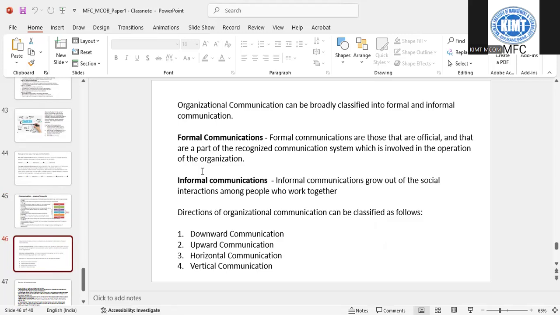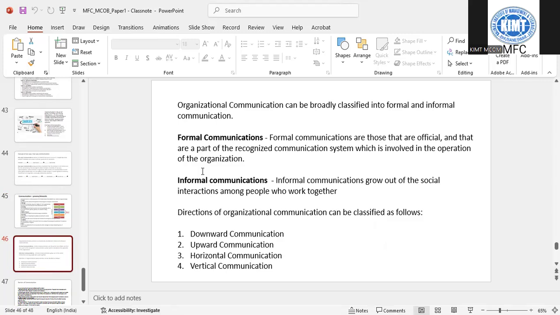That is informal communication. This is not related to your formal communication. So there are mostly two types of communication from the organization communication point of view, formal and informal.